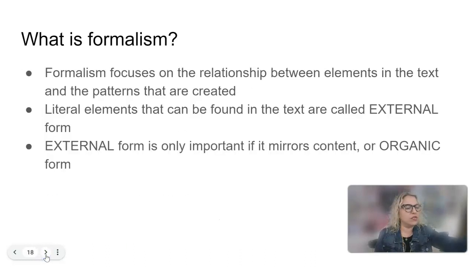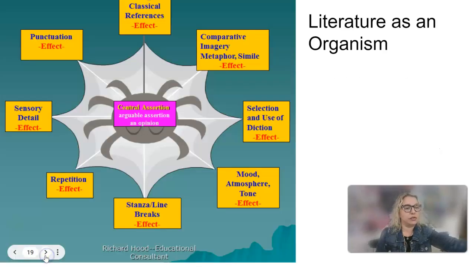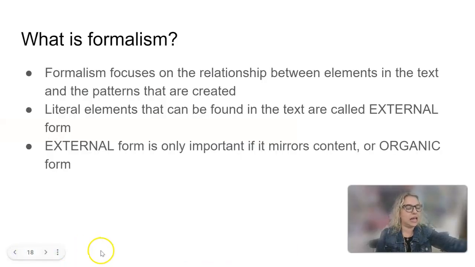So formalism focuses on the relationship between elements in the text and the patterns that are created, like the relationship between similar words or how different stanzas work in relation to each other, the interplay of sound devices, the sequence and patterns of dialogue or actions or descriptions in an excerpt.